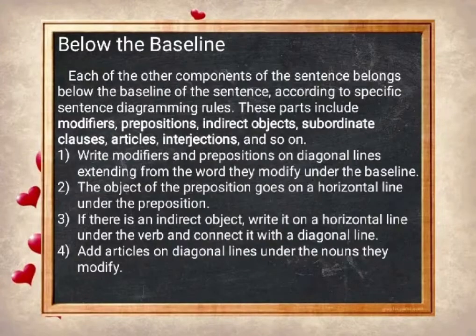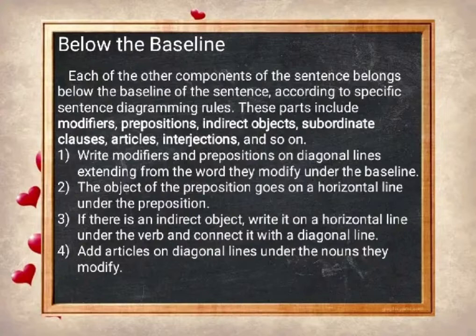Below the baseline. Each of the other components of the sentence belongs below the baseline of the sentence. According to specific sentence diagramming rules, these parts include modifiers, prepositions, indirect objects, subordinate clauses, articles, interjections, and so on.